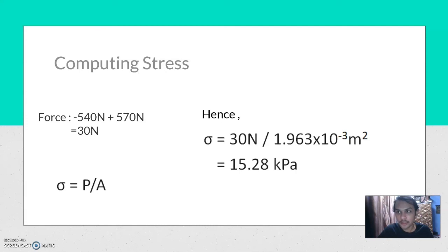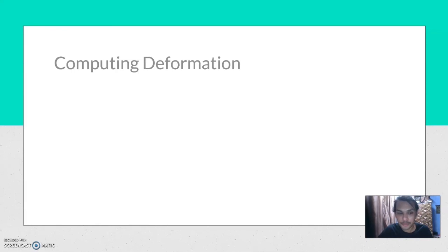Since the ground reaction force and the load applied are in opposite directions, we assume that the force going upward is in the positive direction and going downward is in the negative direction. Hence, the total force is 30 Newton. By using the formula stress equals P over A, we can compute that the total stress at the part is 15.28 kilopascal.